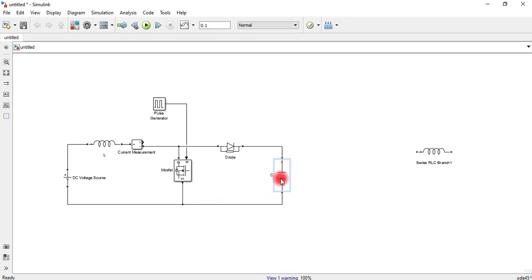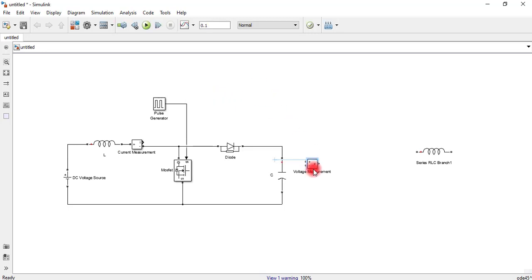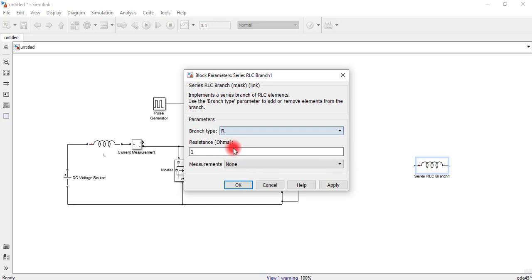Now for the measurement of voltage across the capacitor, I will bring one voltmeter. Okay, this will be my resistance, load resistance.